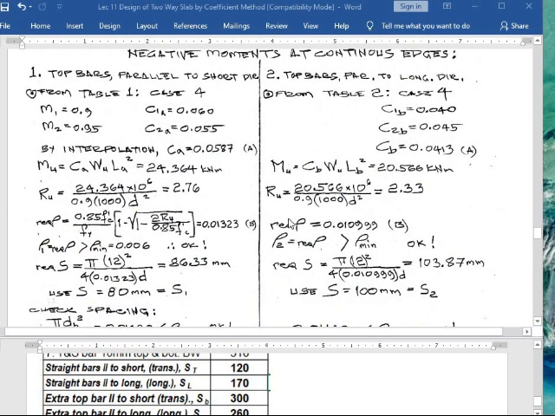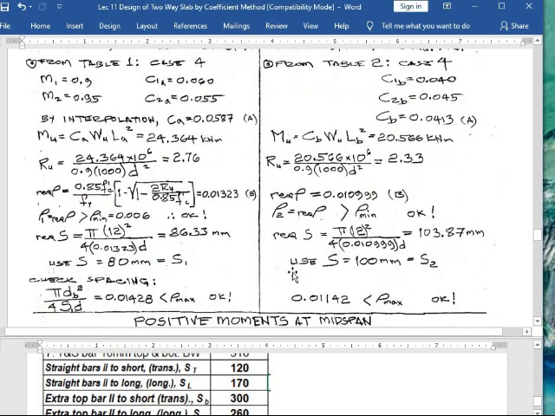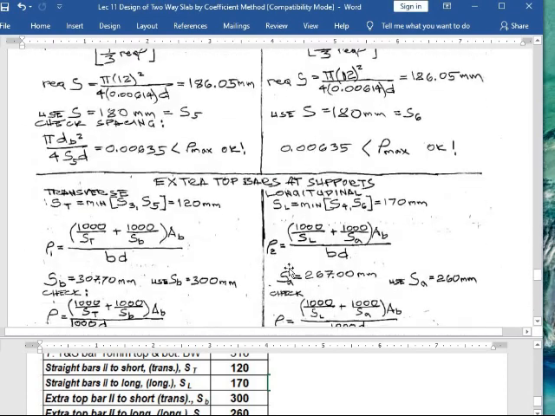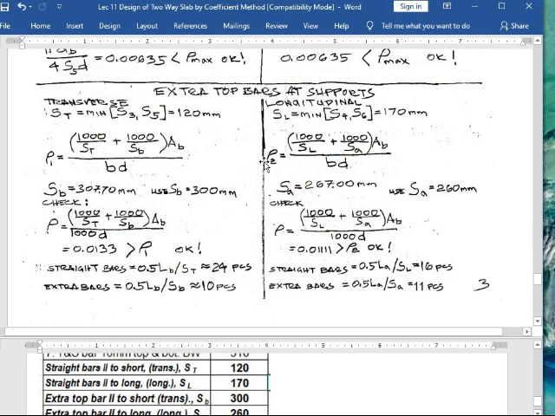Remember, this is bar number 2. So rho 2 is equal to 0.010999. Likewise, we now substitute it here: rho 2 times BD divided by the area of the bar, minus 1,000 over S sub L. Then cross multiply. So S sub A comes out as 267. Remember, that is the spacing of the extra bars.